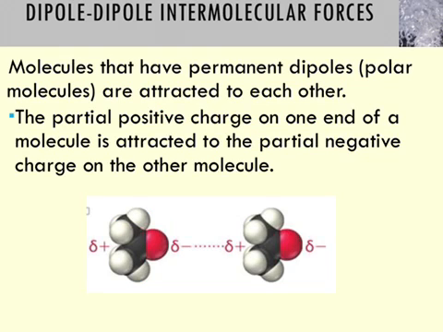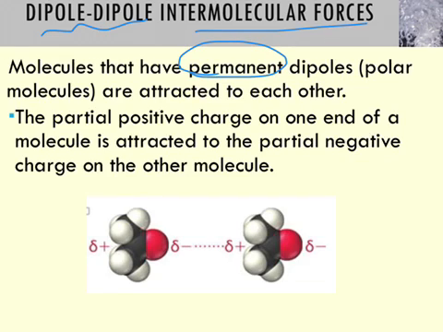All right, so now we're going on to the moderate strength intermolecular forces. These are called dipole-dipole. Whereas London dispersion forces were a result of temporary electrostatic attractions, dipole-dipole intermolecular forces are permanent electrostatic attractions.